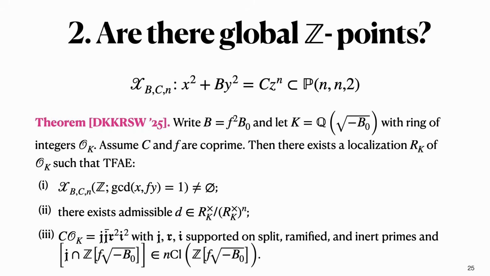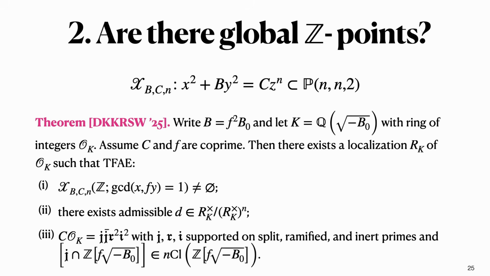We are asking for this ideal intersected with a suborder of the ring of integers to be in an end power in the class group. Yeah. Sorry, it's split primes.